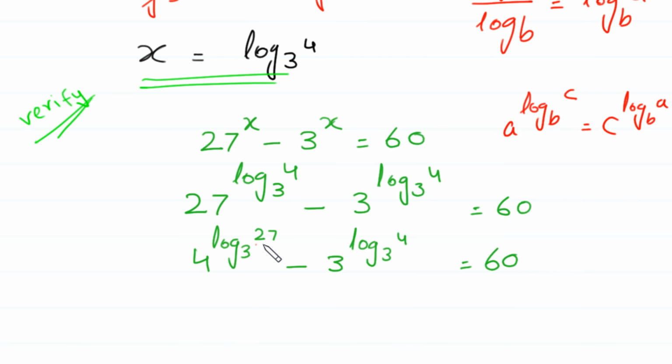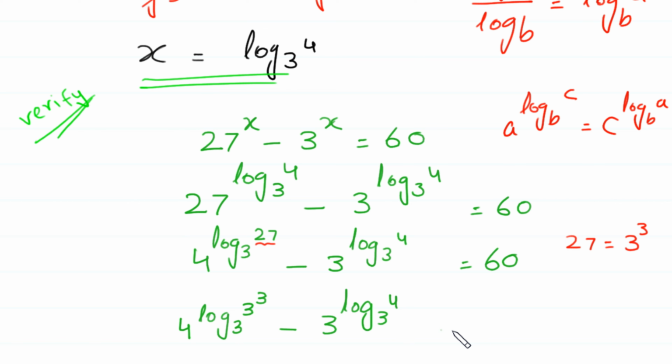Now this 27 is equal to 3 to the power 3. So we replace this 27 with this 3 to the power 3. 4 to the power log base 3 of 3 to the power 3, minus 3 to the power log base 3 of 4 is equal to 60.